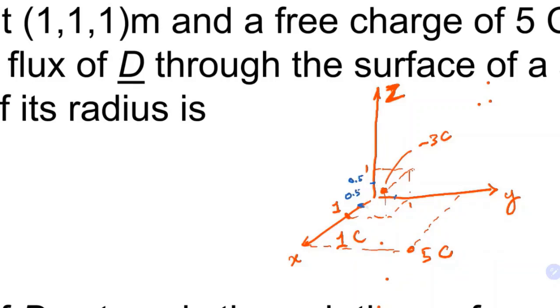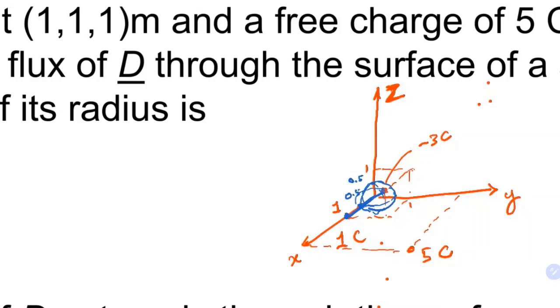So if I have a sphere, it probably looks something like this. Okay, so any of the charge is actually enclosed inside this sphere, if this sphere is of 0.5 meter radius? This charge here is 1 meter away from the origin.